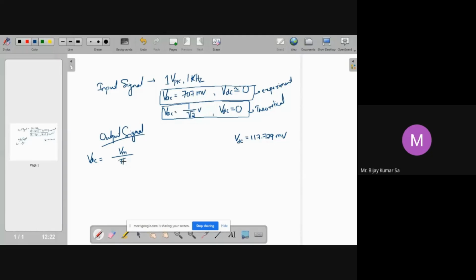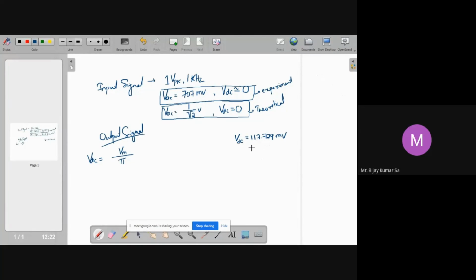VDC, by expression, is Vm upon pi. But experimentally I am getting 0.117, 0.729.